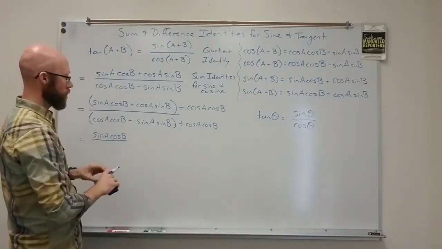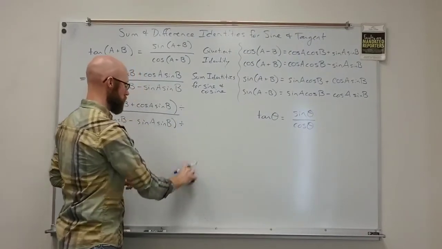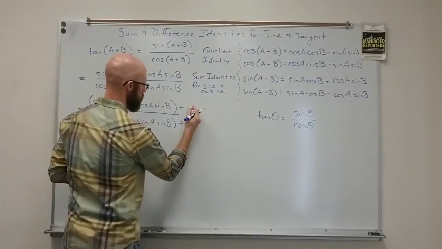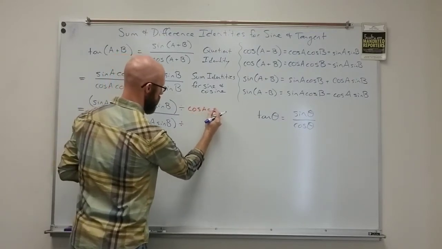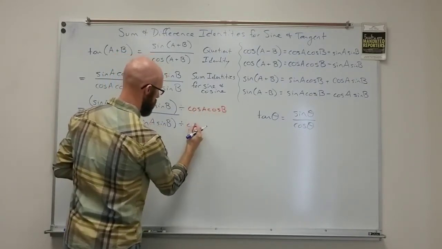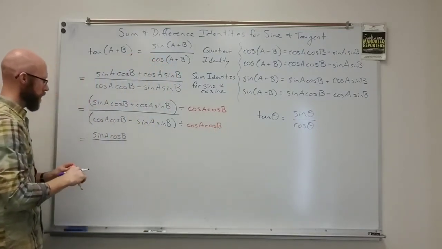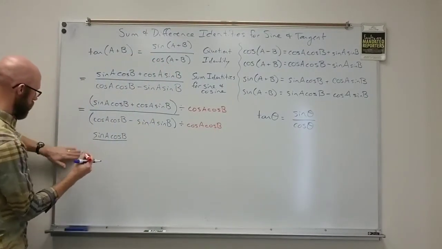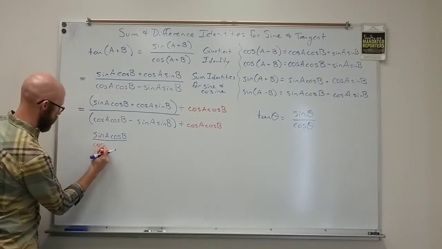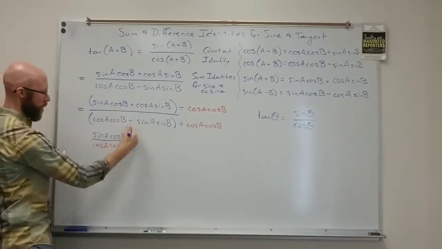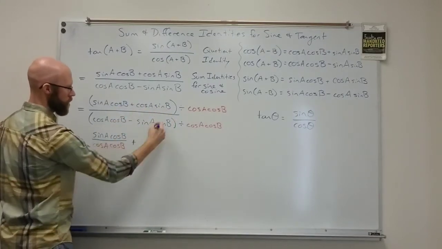Let's color coordinate just a smidge here. Let's write those new denominators in red. So it's going to be cos A, cos B, cos A, cos B. That's what we're dividing by. So it's going to be over cos A cos B. Then we have a plus cos A sine B.